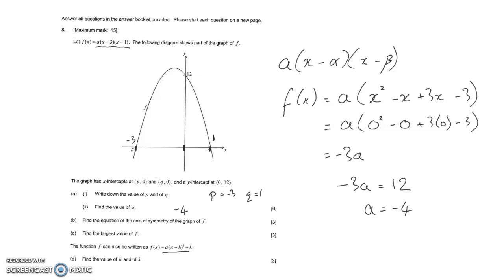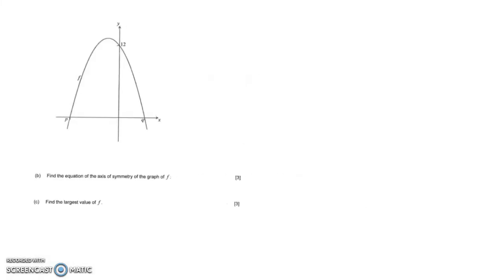We have find the equation of the axis of symmetry of the graph. Well, this shouldn't be too tricky for us. There's a few different ways we can approach this. First off, we do know the values of p and q. So this one from the last page was negative 3. This one is 1.